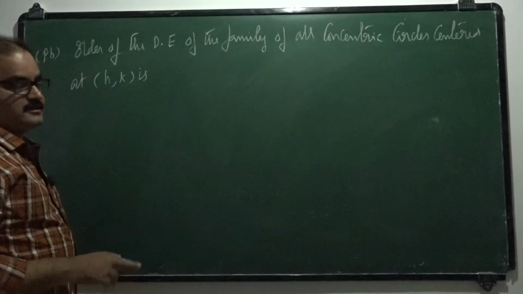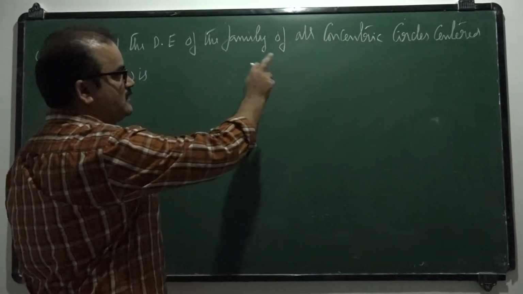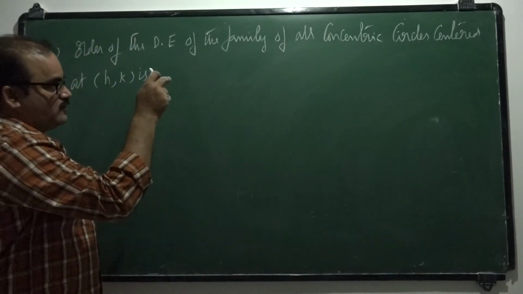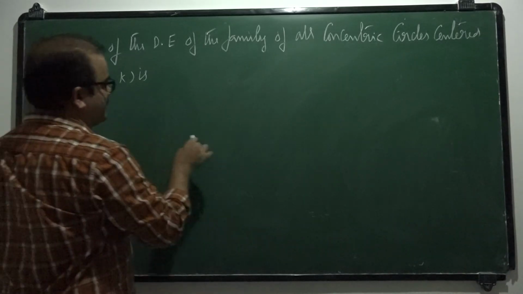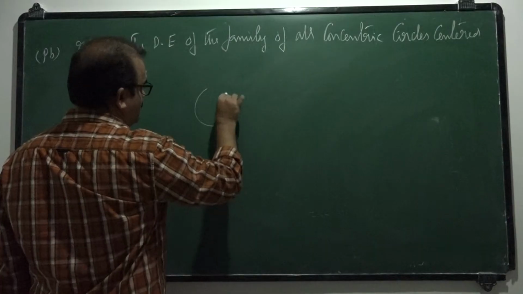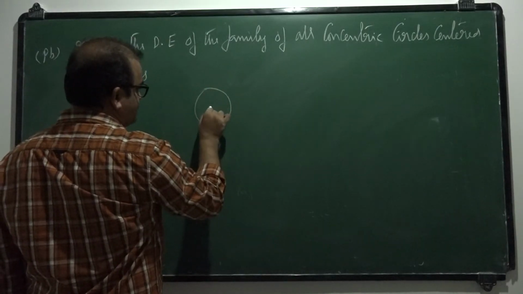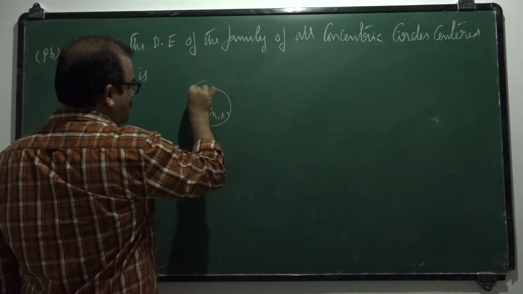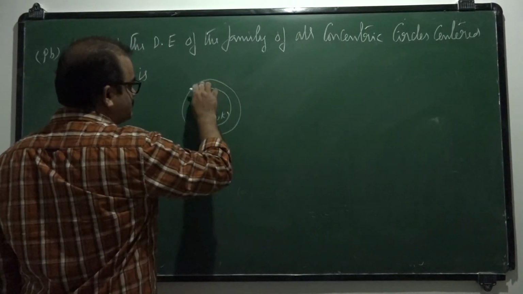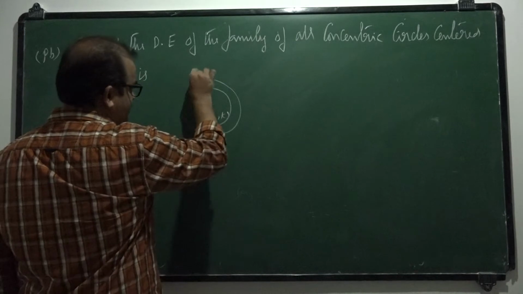Concentric circles means circles with the same center. What is the center? (h, k). It is a circle with center (h, k). Now see, this is also a circle with the same center.